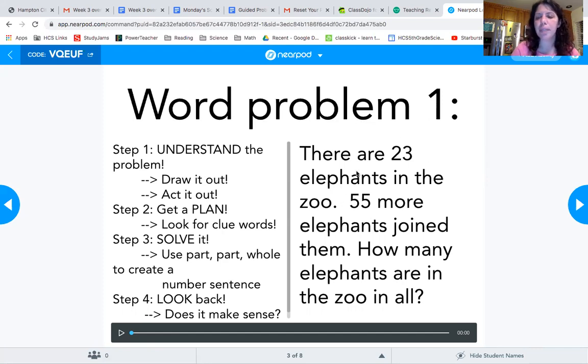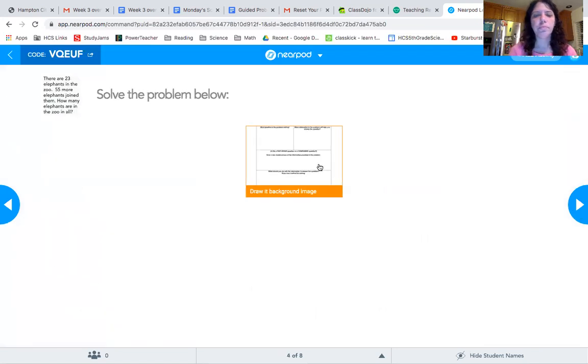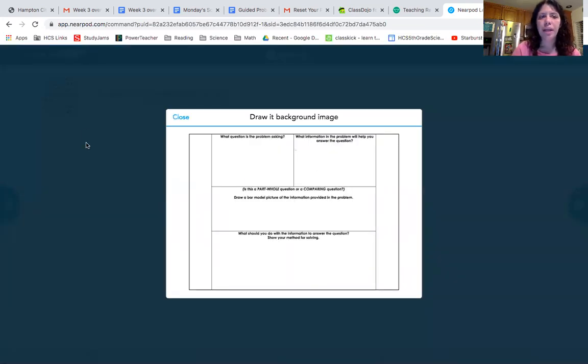So let's go ahead to our planning page. Right here in this little corner, it's really hard to see, but that is the actual word problem written again. The way we use this planning page is that it's asking right here, what question is the problem asking? And if you remember, it's how many elephants are in the zoo in all.